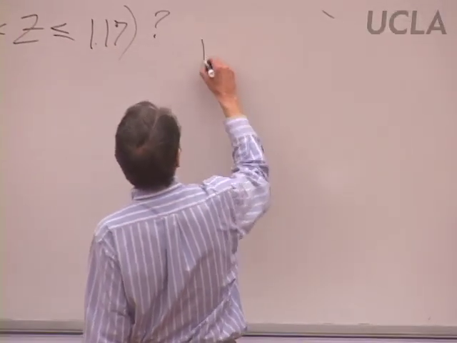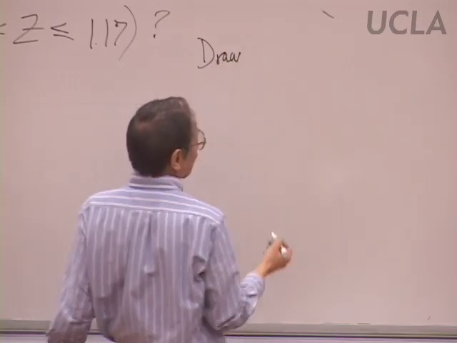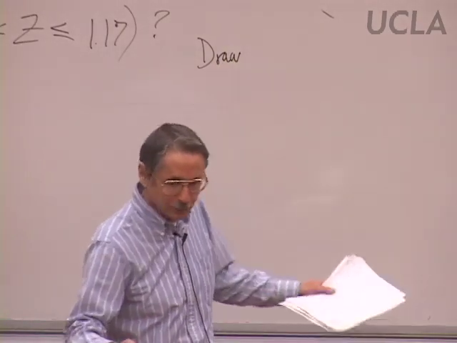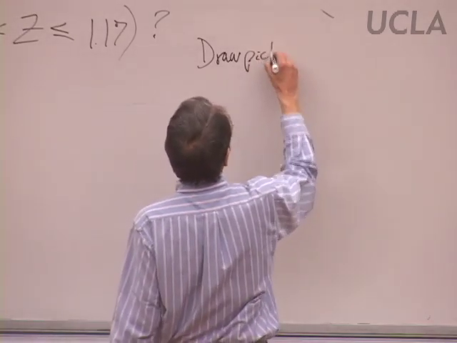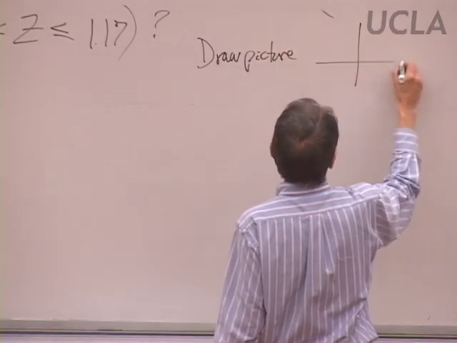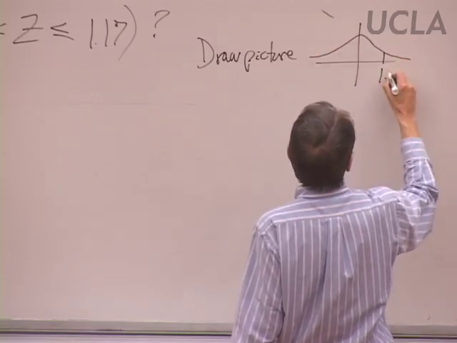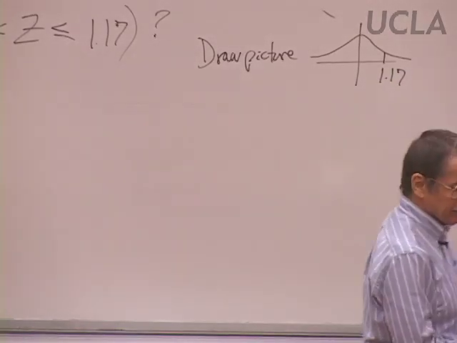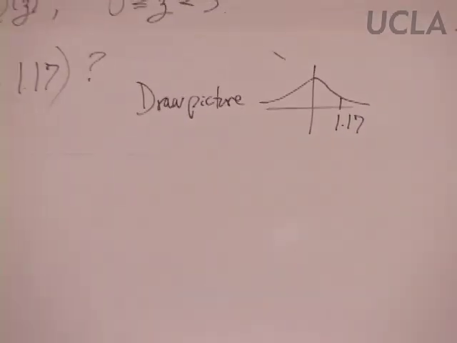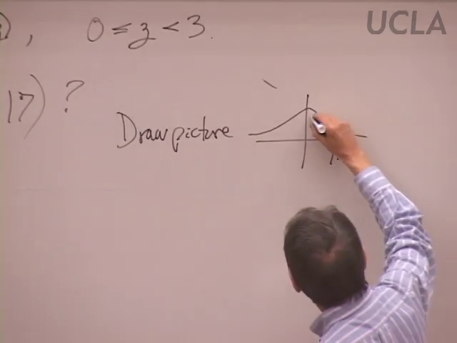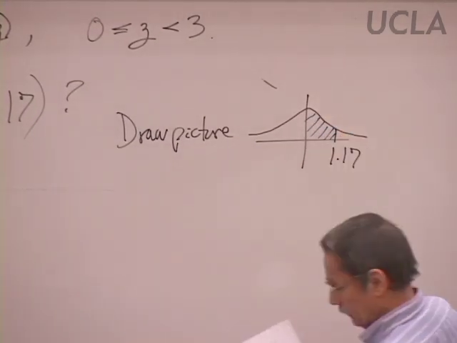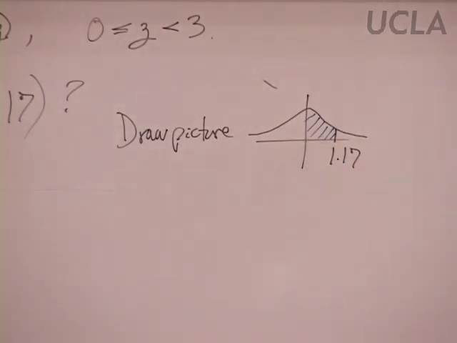Well, step 1, maybe step 0, before we do anything, we'll draw the picture. 1.17, that's a little to the right of the inflection point. So we're after that area. And just from the picture, we know it's somewhere between 0 and a half, so we'd better get an answer in that interval.